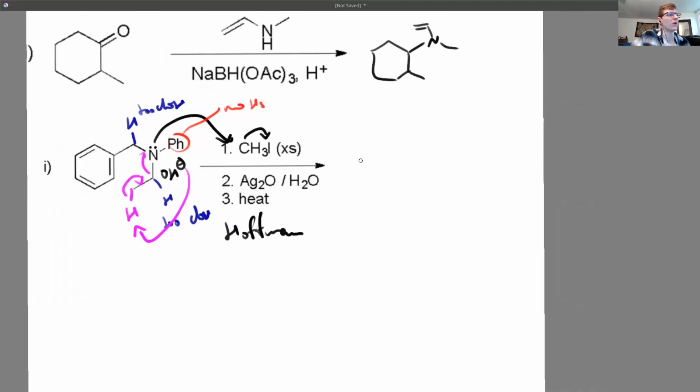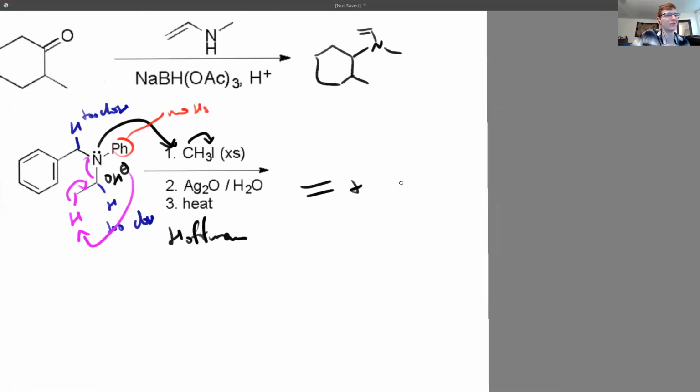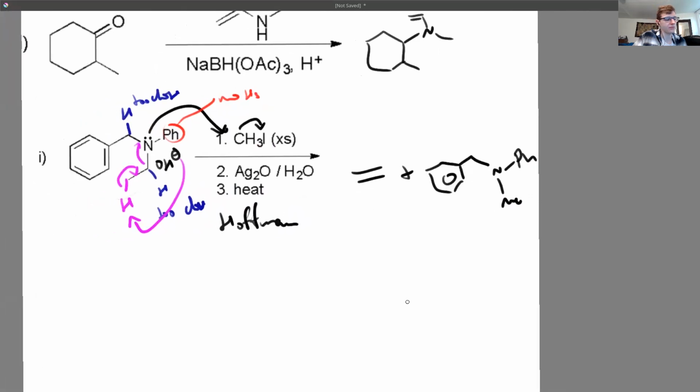And then we wind up with ethene. Wow, very complicated, right? And we wind up with this thing, which is what was holding this whole thing to begin with. Does that look right? I'm just confirming this.